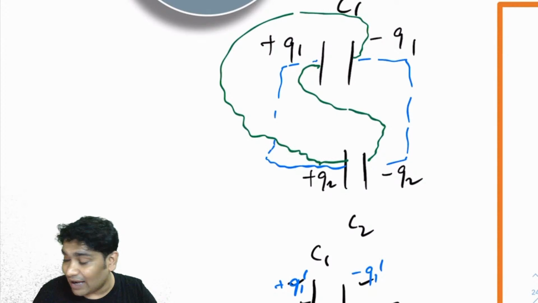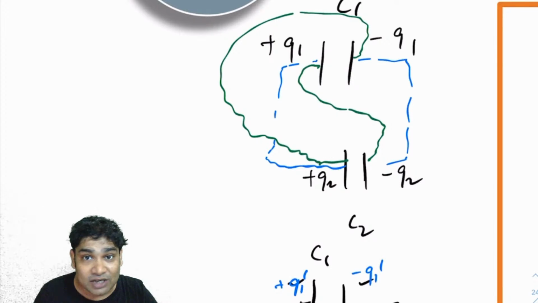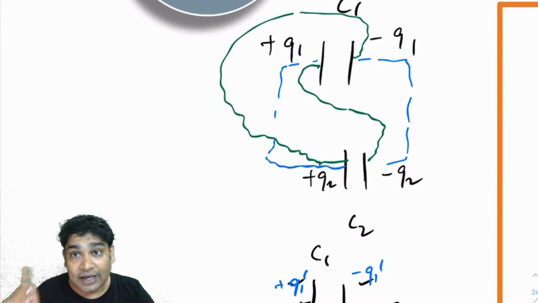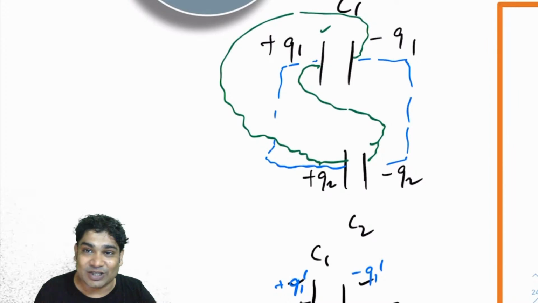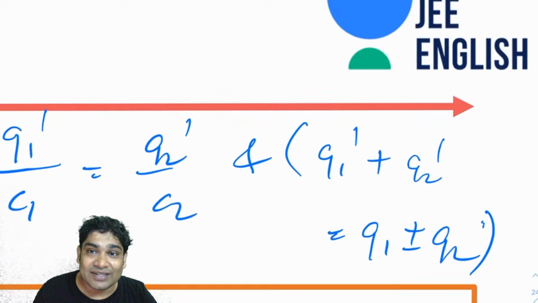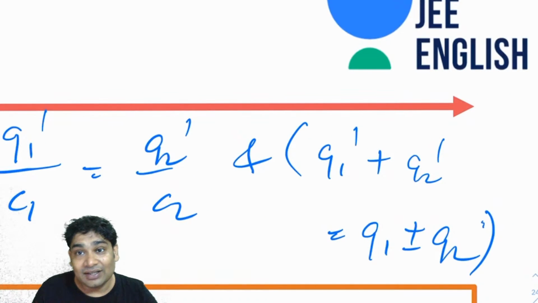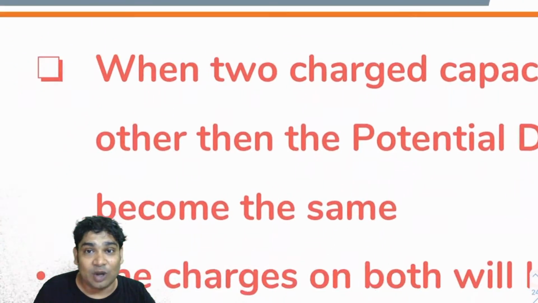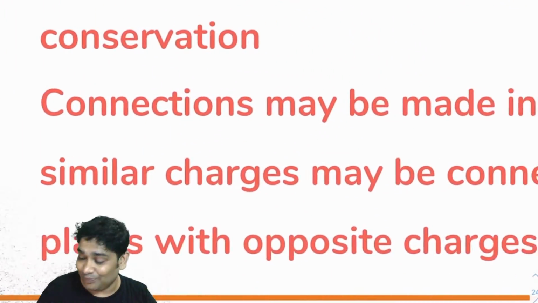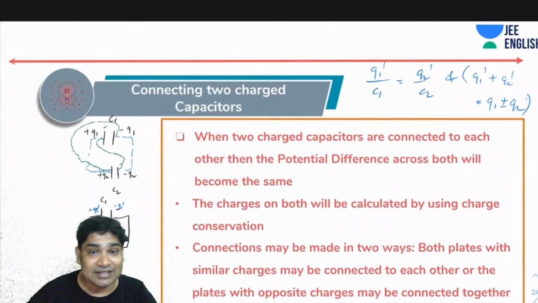If I connected positive and positive, the total charge on these two plates would be Q1 plus Q2. If I connected positive to negative, the total charge would be Q1 minus Q2. I can use these two equations to find Q1 dash and Q2 dash, and then I have the common potential and the new charges. That is what is asked in such problems.